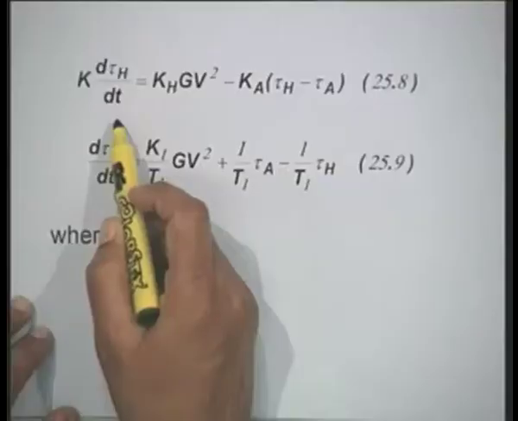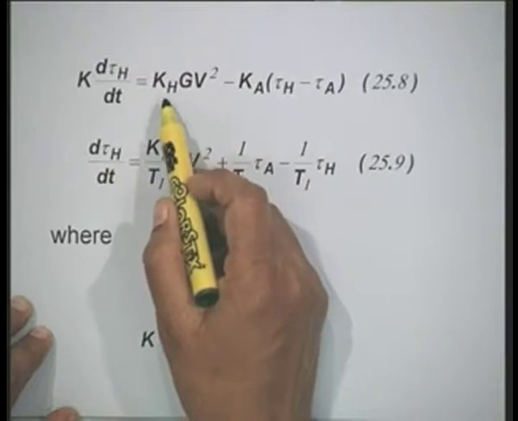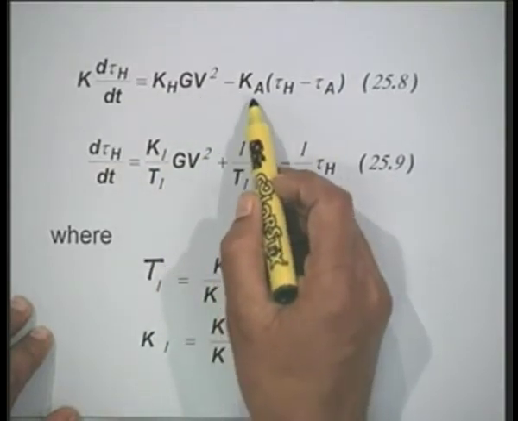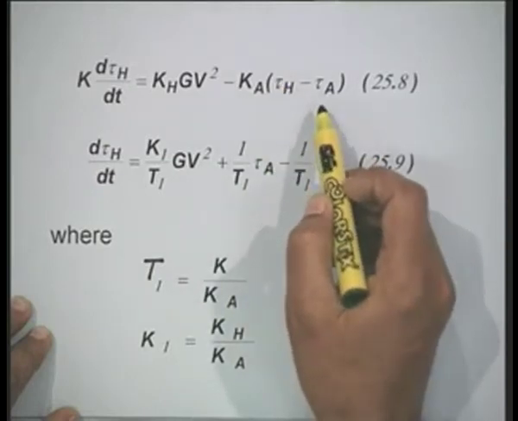To do this, in this equation we substitute for pH and PL these quantities. When you make the substitution, this K times d tau H by dt, for pH I am putting KH G V square, and for PL we are putting Ka into tau H minus tau A.